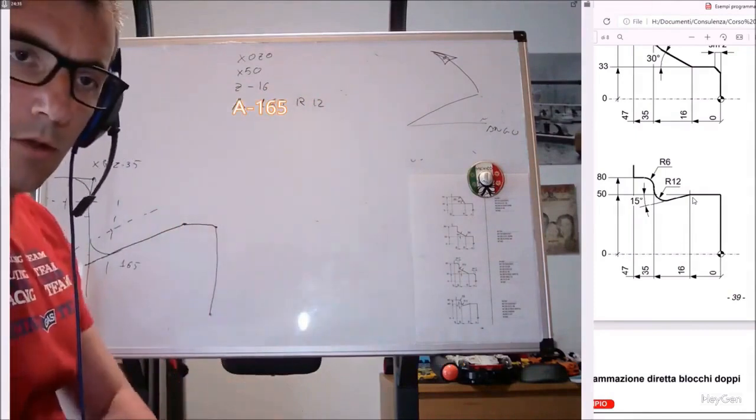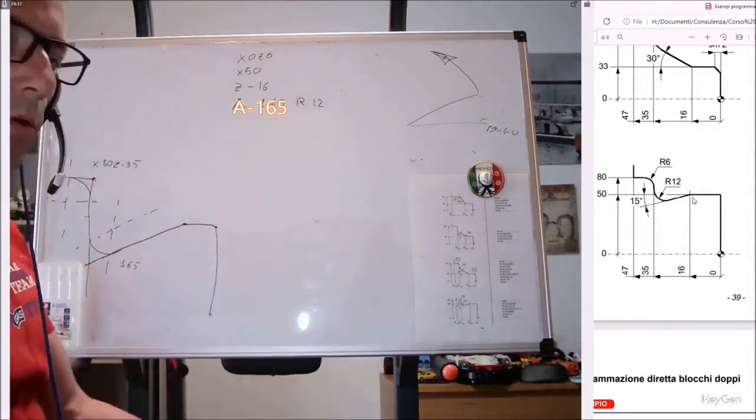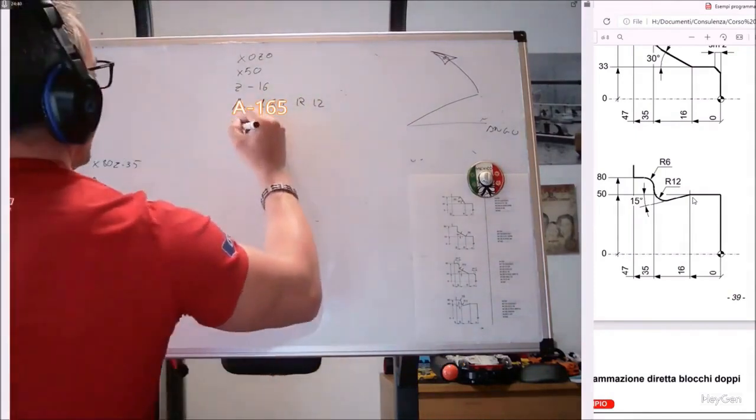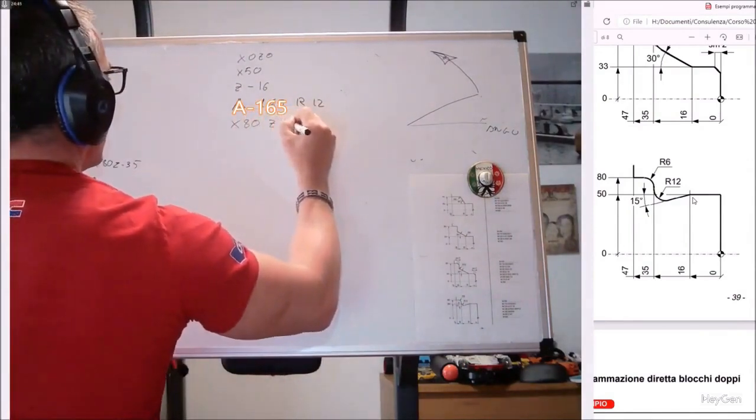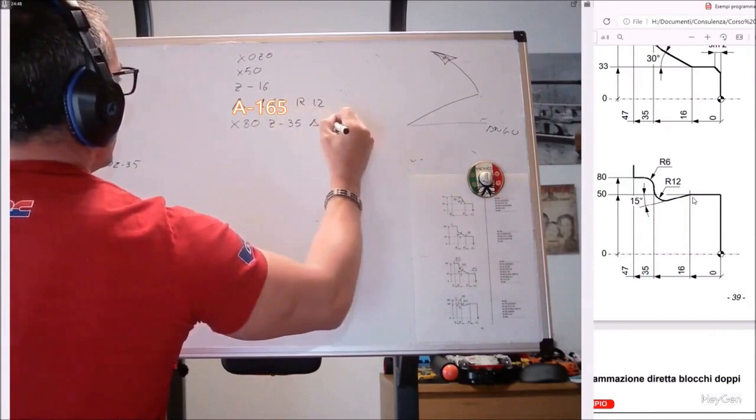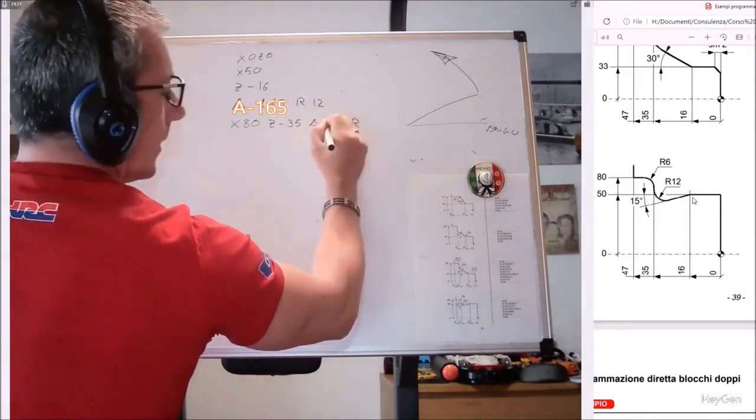At this point, the machine would go into crisis if we do not give it, in this case, X80, Z35, angle 90 degrees, R6.